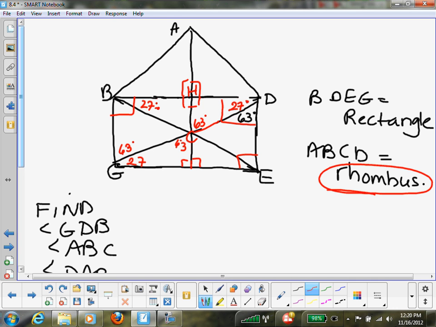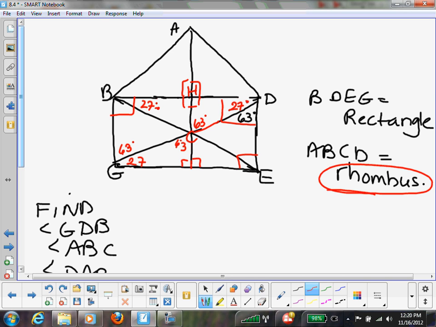Talia? Let's use what we learned. We learned that this is a rhombus. Tell me about a rhombus. What do we know about a rhombus?